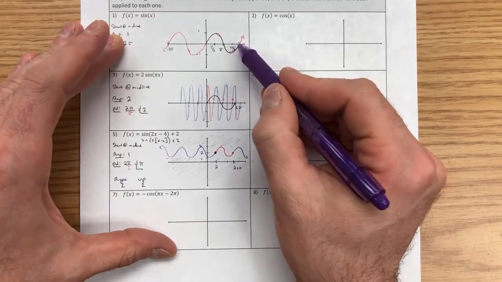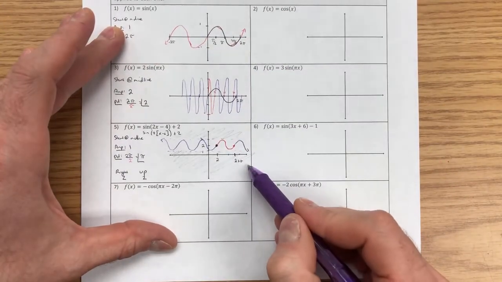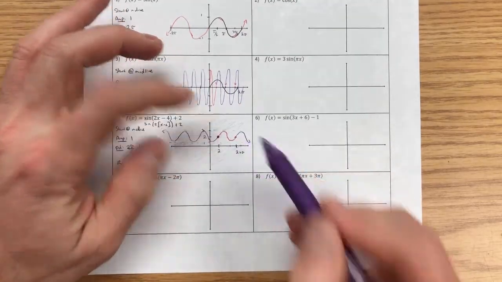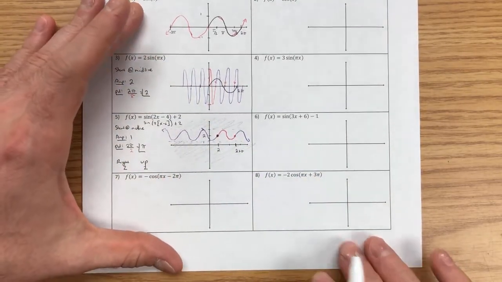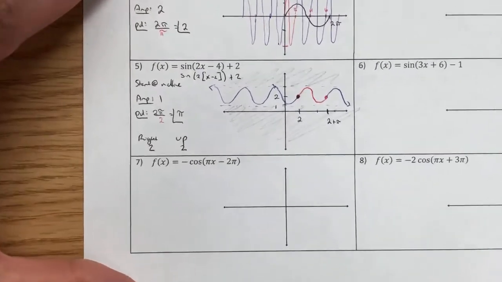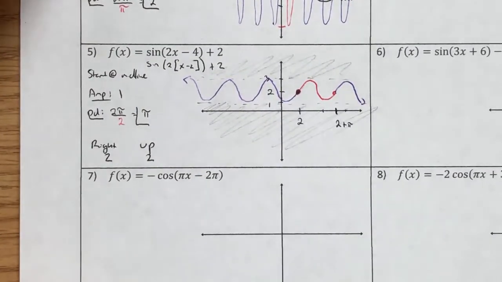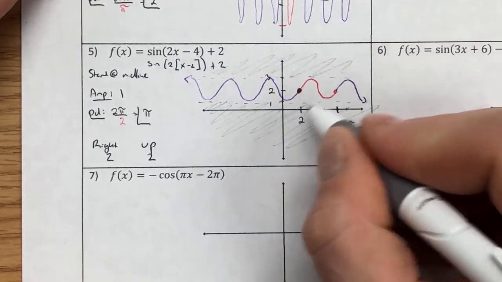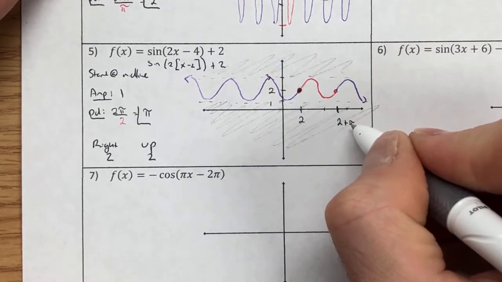I want to label where the period ends, which is 2 plus pi. I want to label the middle part, and I want to label the peak and the trough. So we're going to go ahead and get a little closer here. I know the midpoint is going to be halfway between 2 and 2 plus pi.